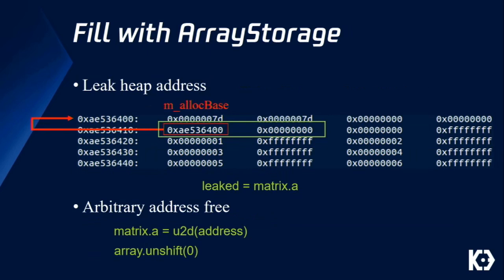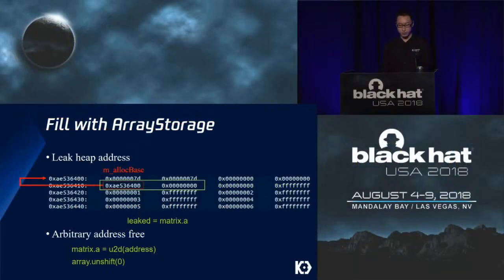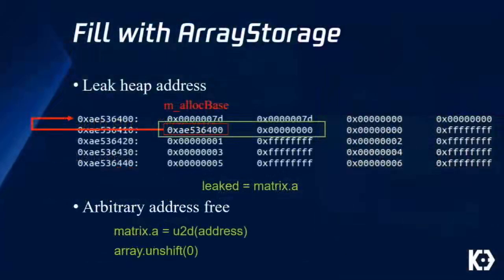In our exploit, after the buffer is freed, we filled it with the structure ArrayStorage. We can leak m_allocBase, because m_allocBase is a member of the ArrayStorage structure, and it is a pointer to this ArrayStorage structure.